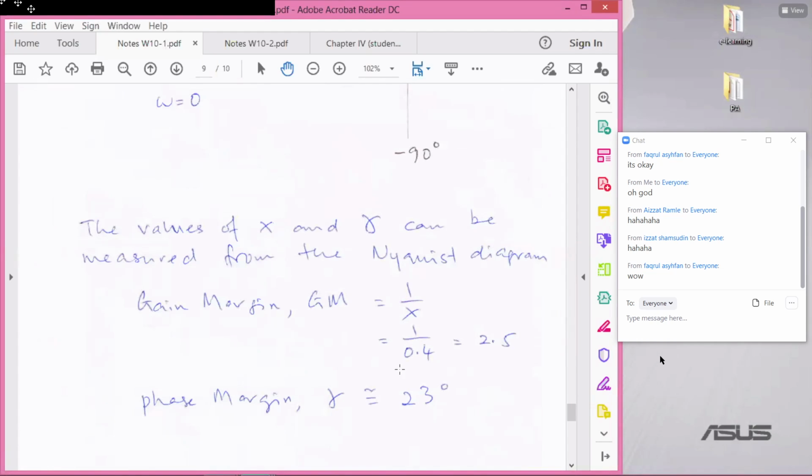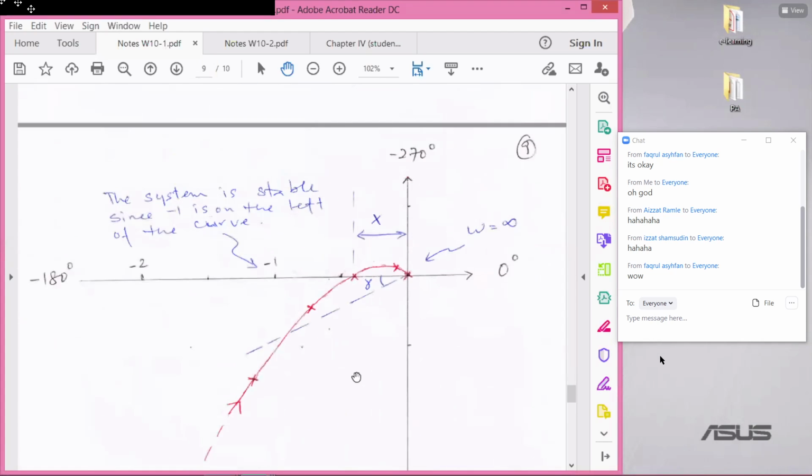So in your test, measurement from the diagram that you have drawn is acceptable. This accuracy is acceptable, reading directly from your diagram. You can also compute using the definition of gain margin, phase crossover frequency, and gain crossover frequency.